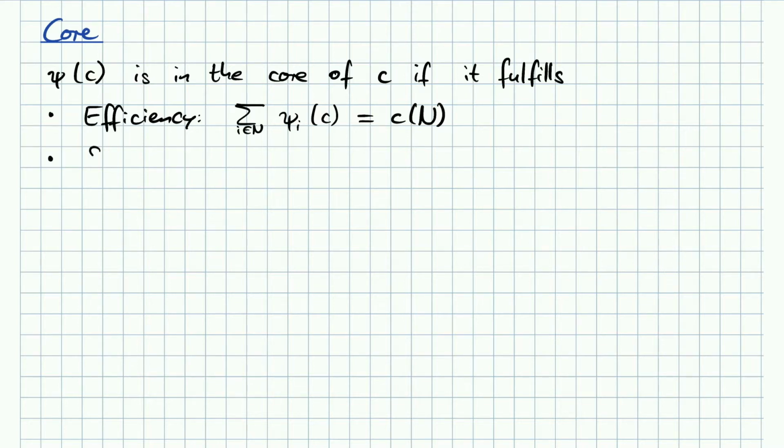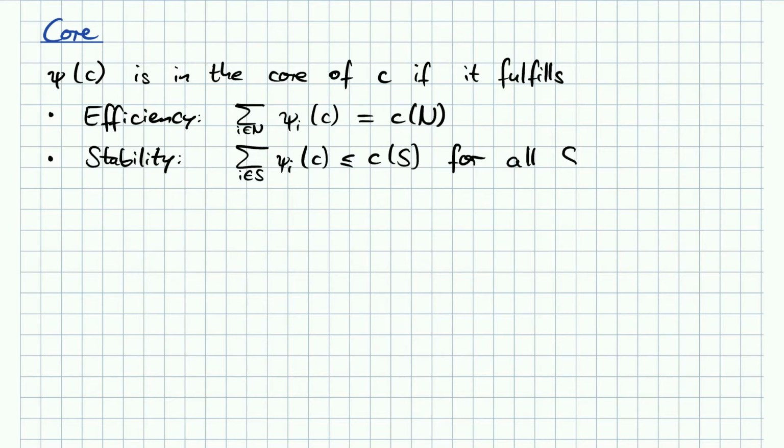And then we also have stability, which means the following, that the sum of the cost shares is no more than the cost of a set for any set of agents.